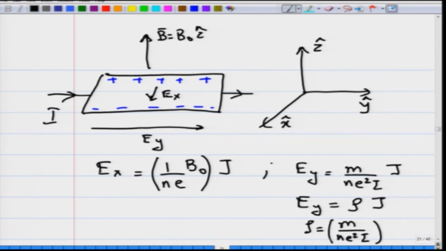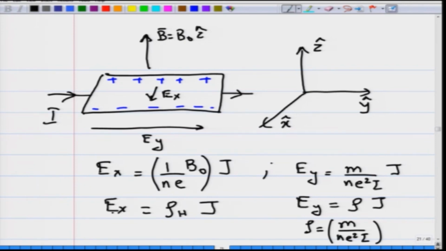What you expect is that along the direction of the current there is a resistivity, and that resistivity is nothing else but M by N E square tau. But in the direction perpendicular to the direction of the current, you have another resistivity which is coming into the picture, and that is the Hall resistivity.